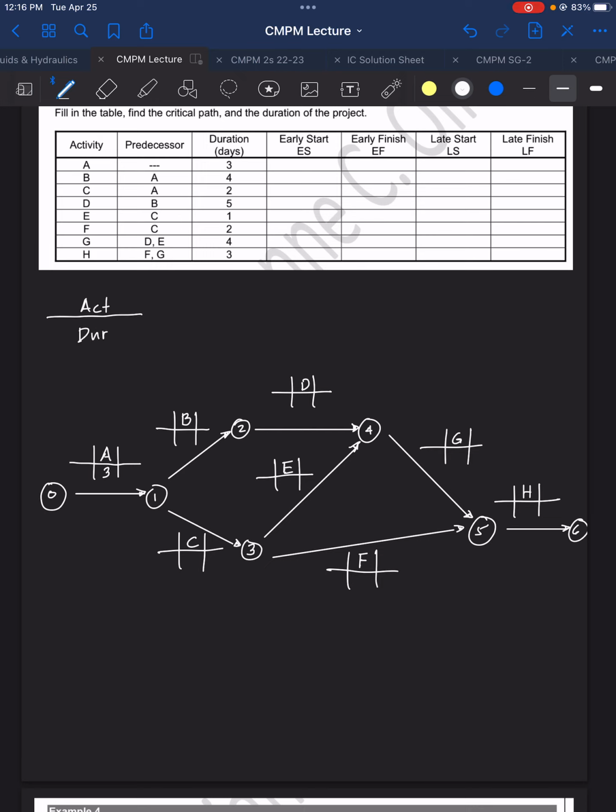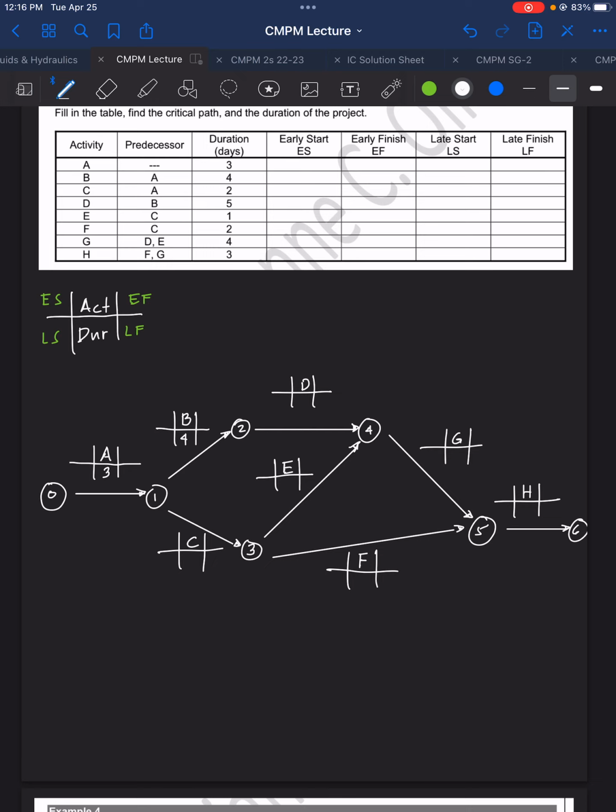This is our duration. Then we will put here the early start, the early finish, the late start, and the late finish. So for the activity, let's put the duration first. For B, the duration here is 4 days.